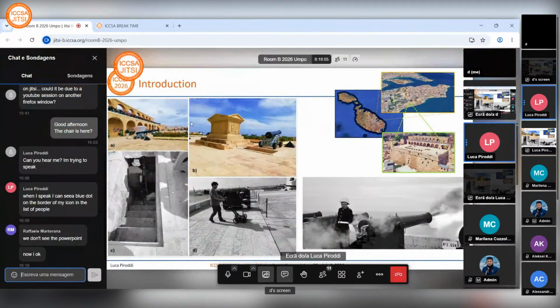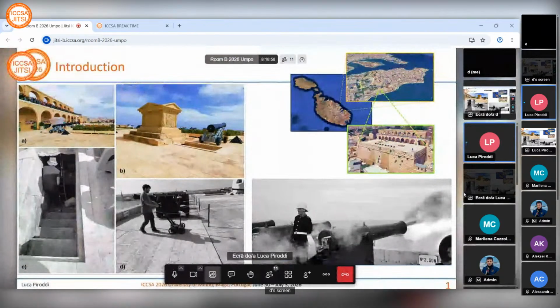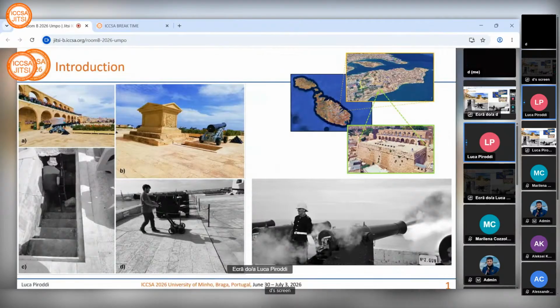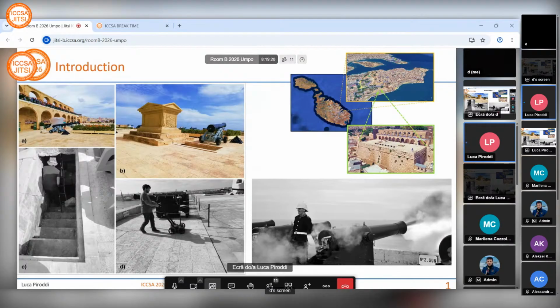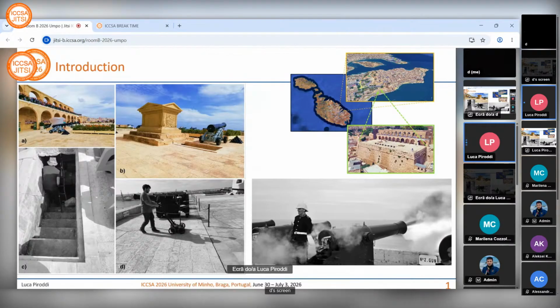The saluting battery was restored in 2004 on the initiative of the Fondazzjoni Wirt Artna, that is the Malta Heritage Trust. And in 2011, it came to its present configuration with 8 working replicas of British guns for the ceremonial occasions.